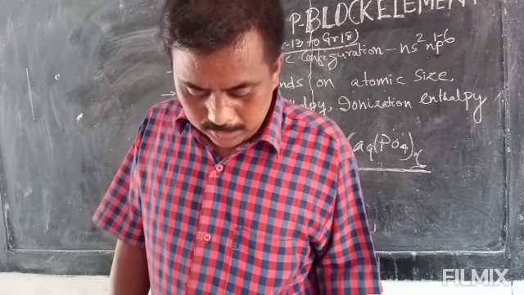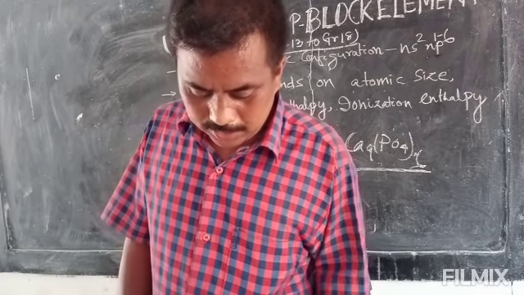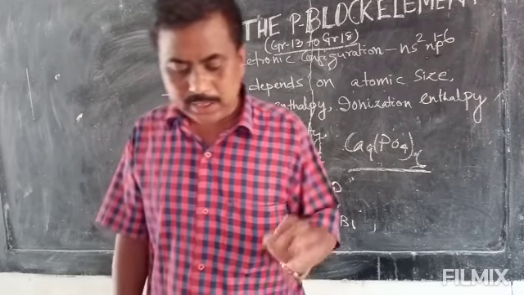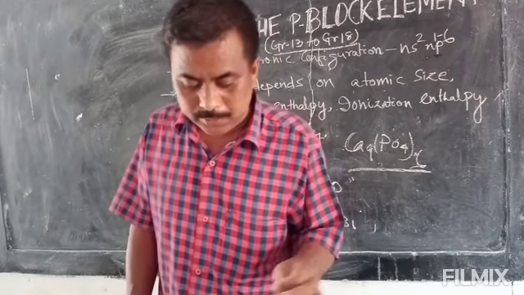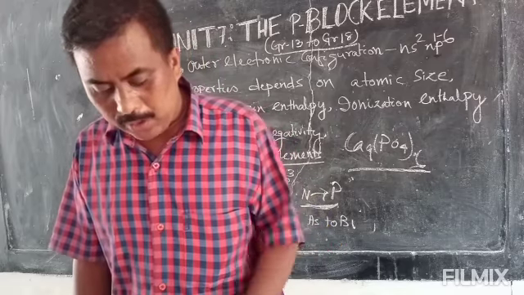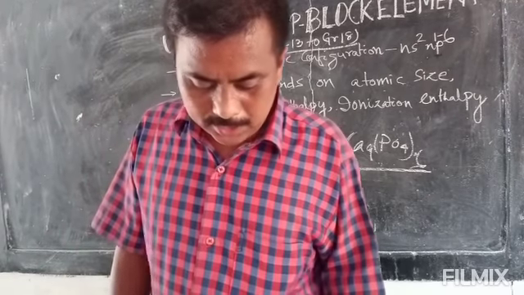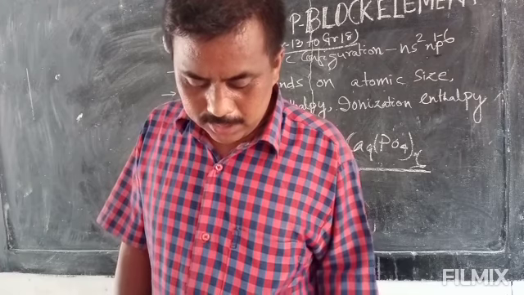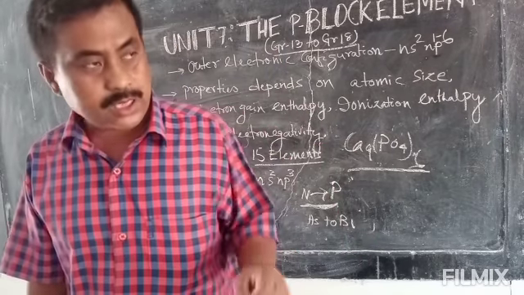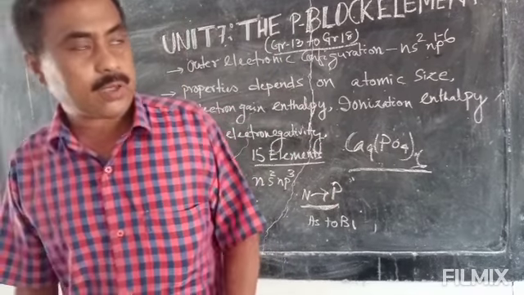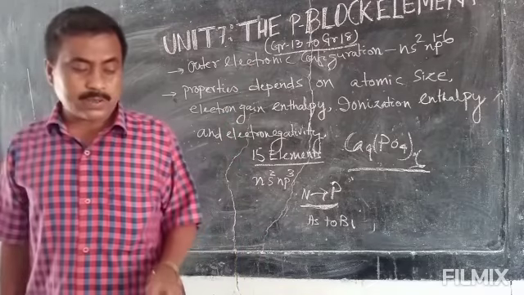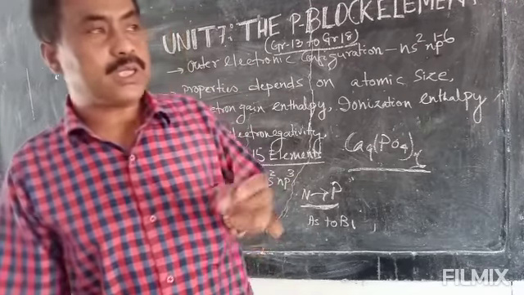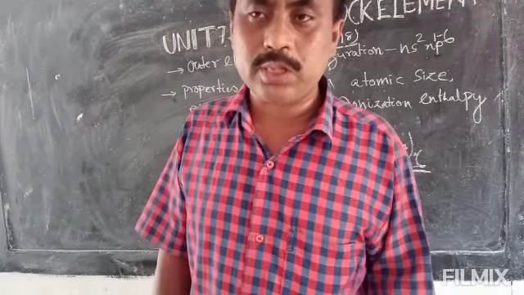Now, let us compare the ionization enthalpy. The ionization enthalpy of group 15 elements is much greater than group 14 elements in the corresponding period. The order of successive ionization enthalpy is expected: the first ionization enthalpy is less than the second ionization enthalpy, which is less than the third ionization enthalpy. First ionization enthalpy means the energy required when the first electron is removed.